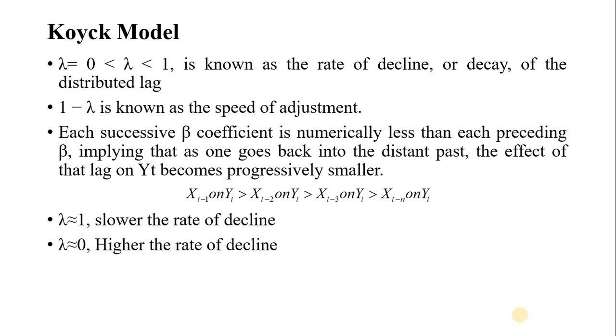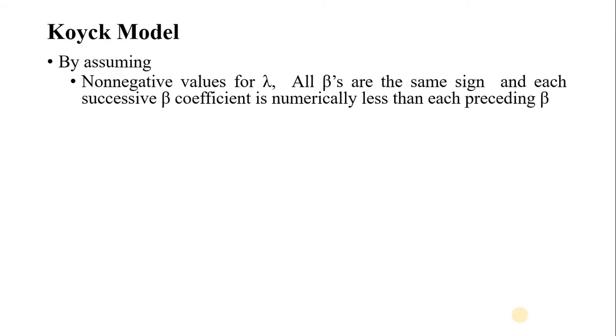Now, as I told you, lambda is in between 0 and 1. If it is close to 1, the rate of decline will be slow. And if lambda is close to 0, then the rate of decline will be higher.